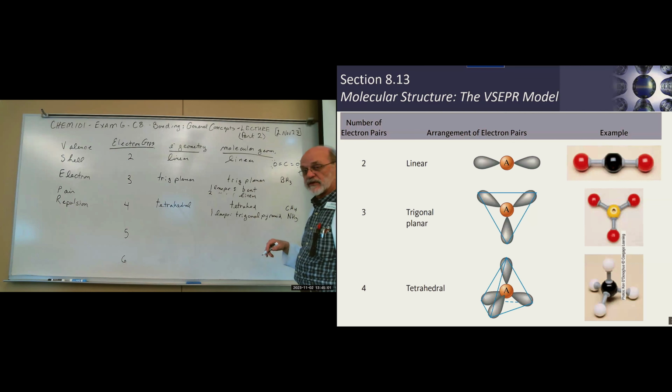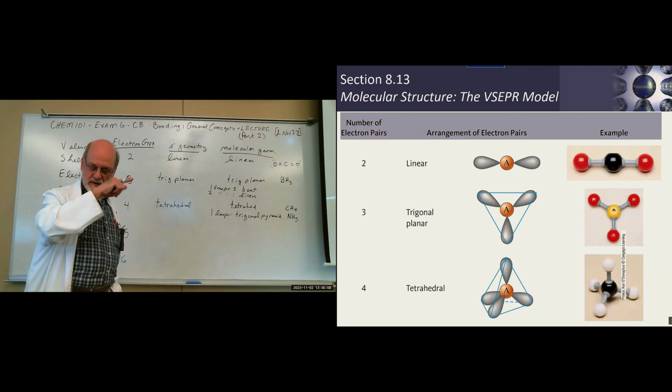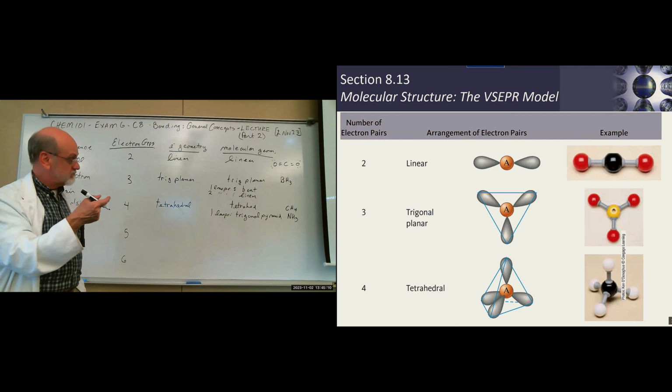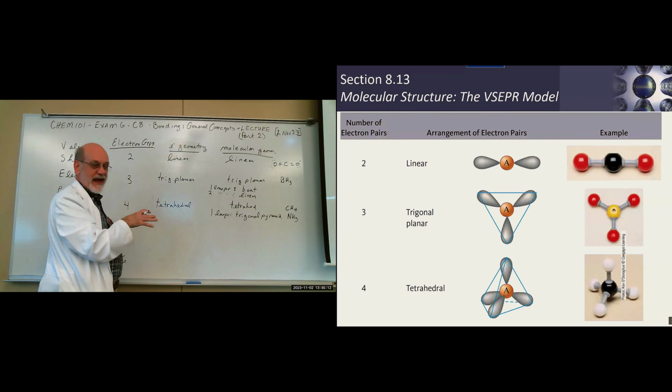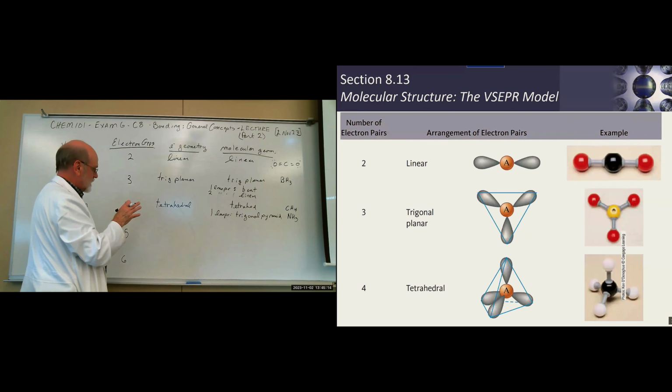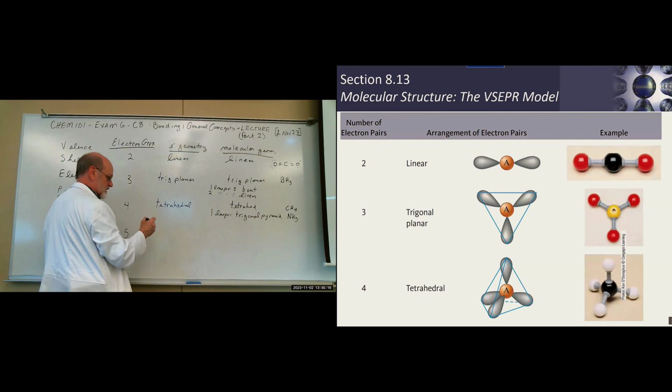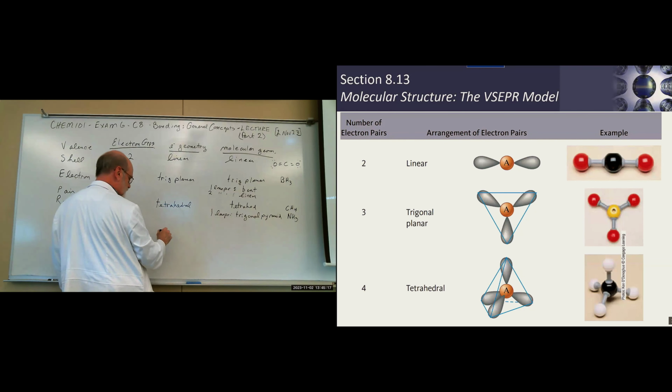If we have five groups surrounding that central atom, now the best arrangement is to put the central atom in the middle and then put three of them in a triangle here. 1, 2, 3, and then put one down here and one up here.